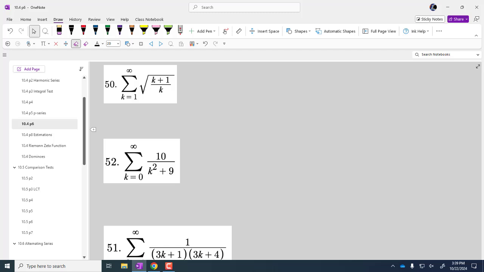And what is the limit of a sub k? What are you saying, Caitlin? Limit is 1, right? The limit of a sub k.